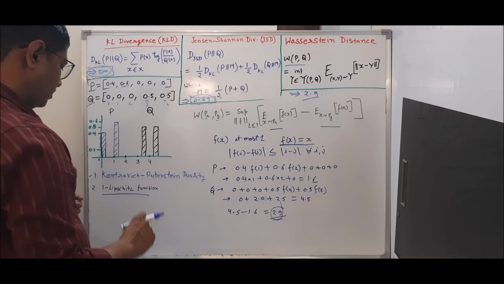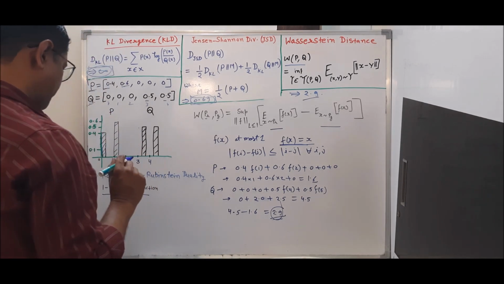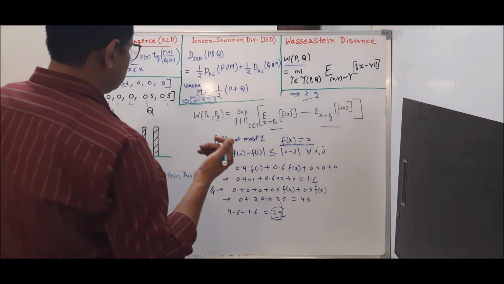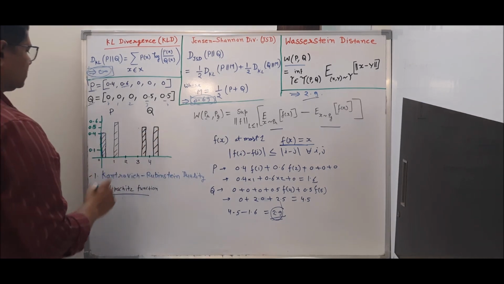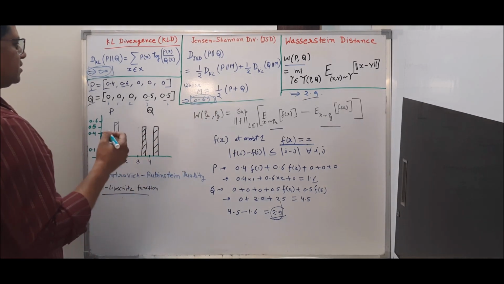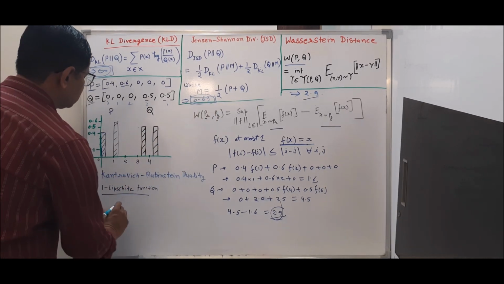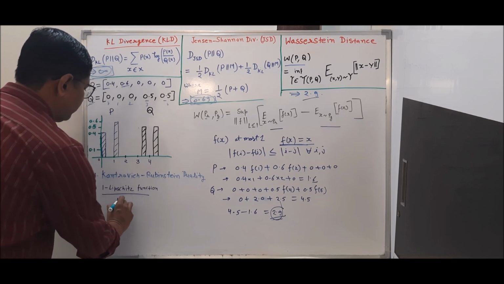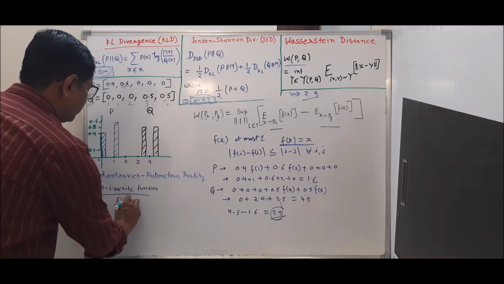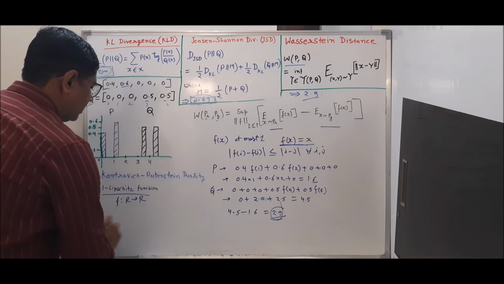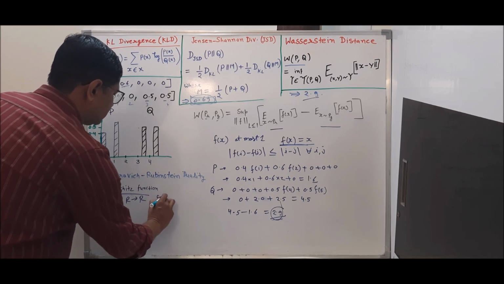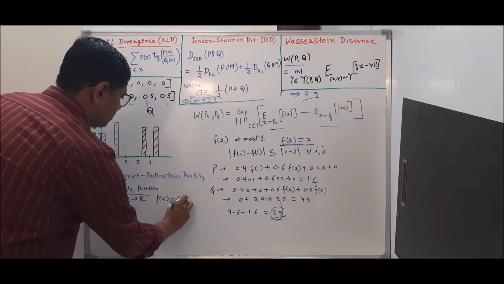Now again, you may ask whether some function comes under a one-Lipschitz function or not. Suppose we have a function f from R to R and we define f(x) as 2x.